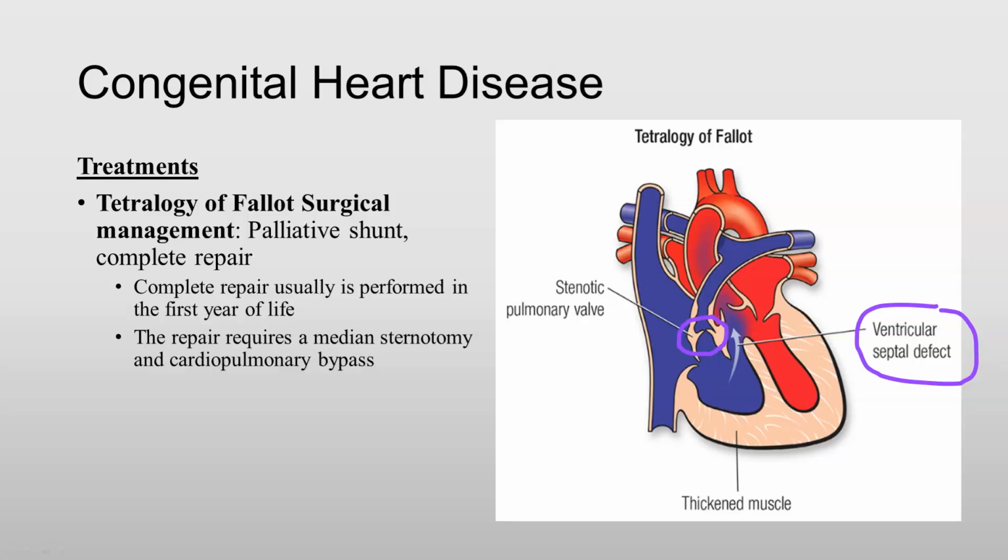The overriding aorta and the thickened muscle of the myocardium itself. So the cardiomyopathy, this growth, right ventricular hypertrophy, is going to go along with our overriding aorta, and that simply means that basically your aorta is in the wrong place.